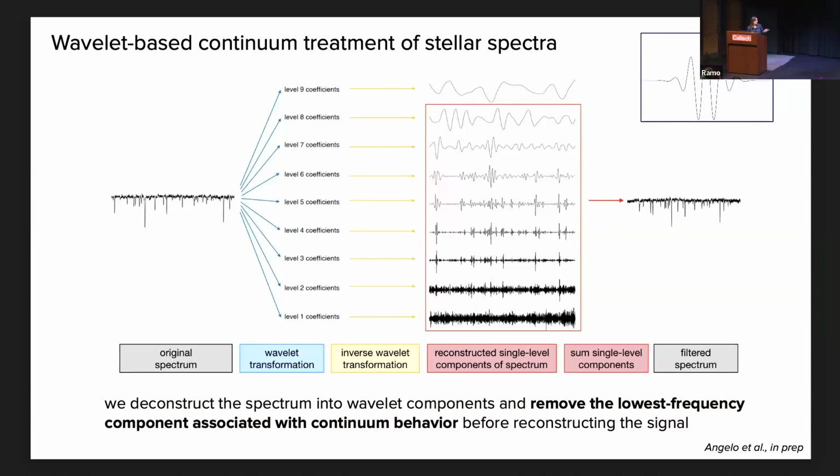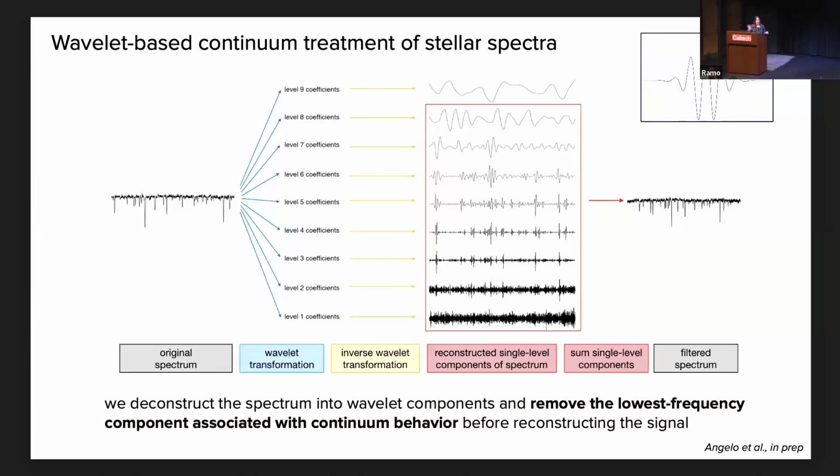So you can see the decomposed spectrum here in the middle, and it's going from lowest frequency components of the signal to highest frequency components of the signal from the top to the bottom. So we'd expect the bottom to contain a lot of the information from noise, the middle levels to contain a lot of information from the spectral features themselves, and then the upper level to contain information from the continuum because that's lowest frequency behavior in the spectrum.